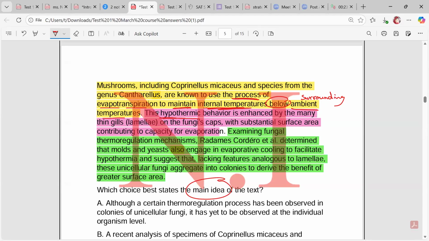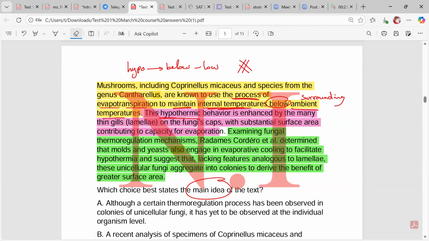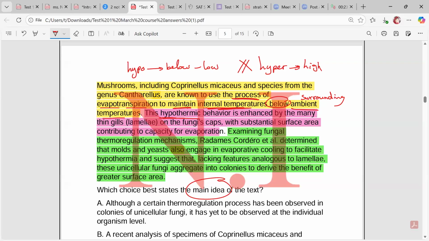This is hypothermic. Of course, the word hypo means below or low. Okay, so remember it like that, which is the opposite of hyper, which means high. Remember them like that: hypo is low, hyper is high. Hypothermic behavior is enhanced by the many thin gills on the fungi caps with substantial surface area contributing to capacity for evaporation.